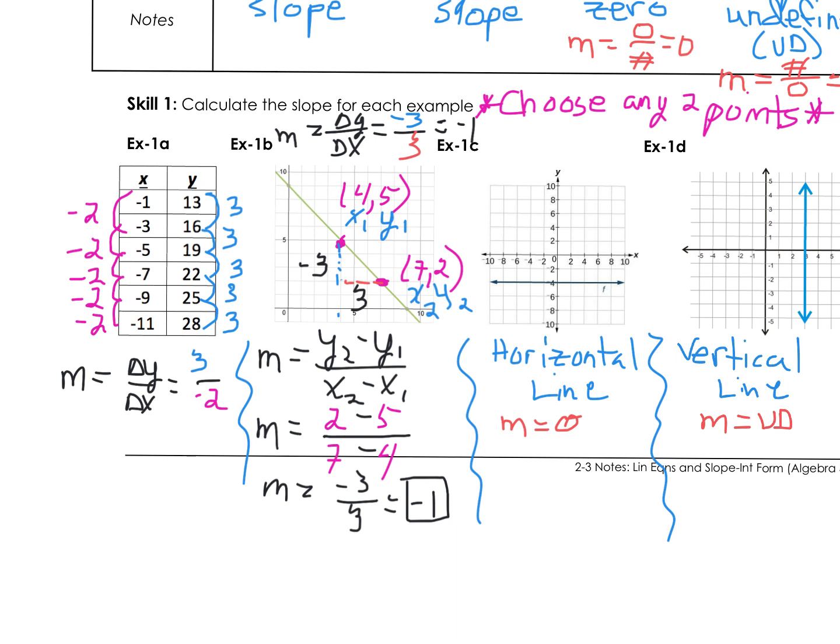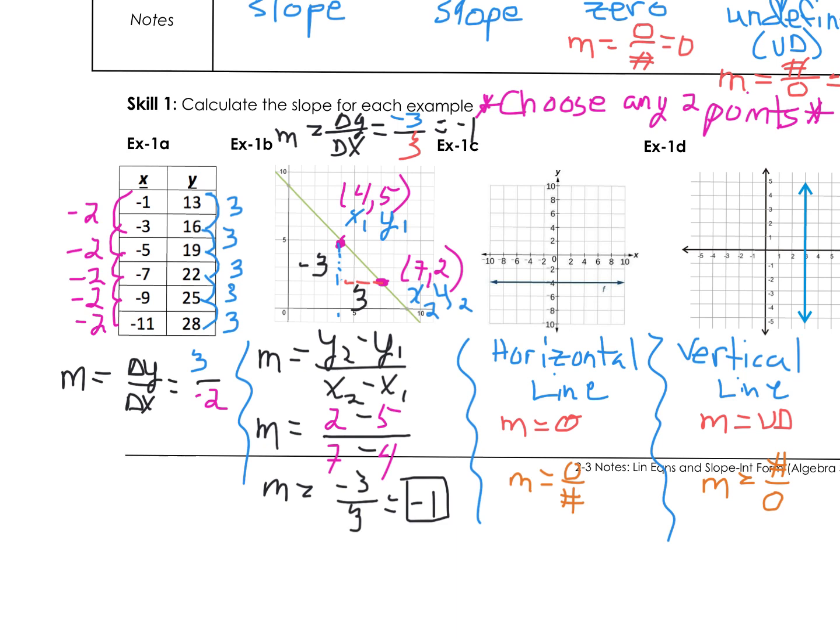So just to help you recall, how do we get a 0 slope and an undefined slope? So remember, with a 0 slope, your slope must have had 0 in the numerator and a number in the denominator. To get an undefined slope, your slope must have had a number in the numerator and a 0 in the denominator. You cannot have 0 in your denominator.